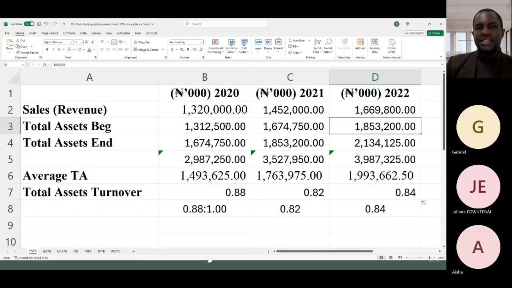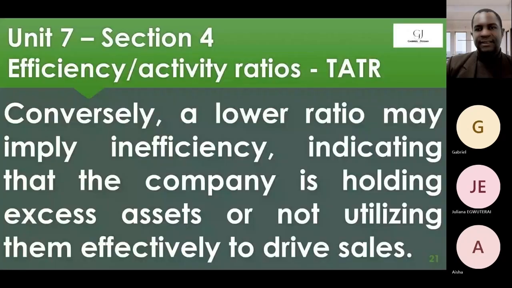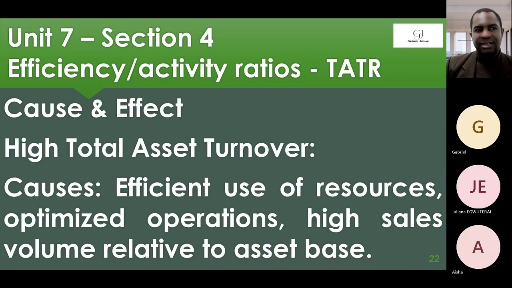If you just use the beginning or the ending without considering the average, you'll still find out it's low. And the interpretation is that a lower ratio indicates or implies inefficiency. The company is holding excess assets or is not utilizing them to drive sales. That's what it means. So in Dan Kabir's case, the company is underperforming. That's just the bottom line.